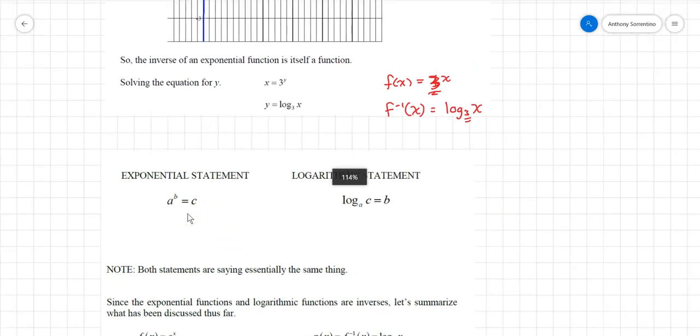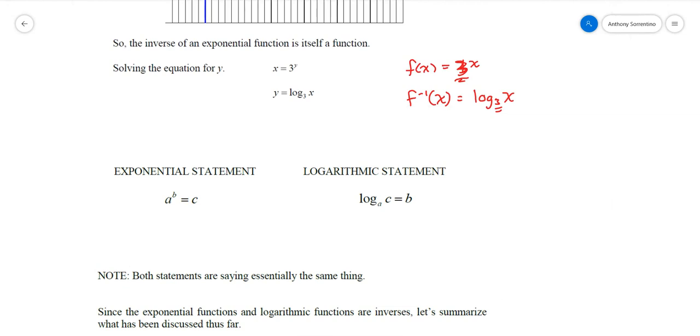So these basically say the same thing. This one here, the exponential statement, if I were to read this out loud, and I'm going to write what it would say, says a to the power b is c.